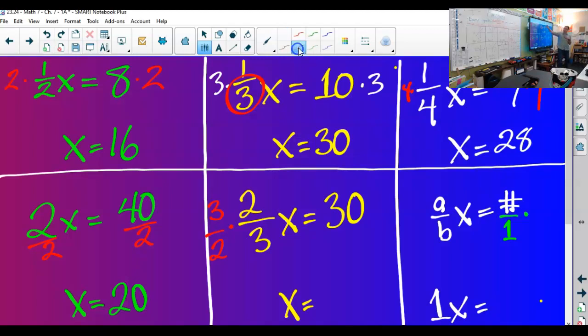We're going to put an A on bottom. What do I do to deal with the B that's on bottom right now? Put a B on top. And if I do it on one side, I got to do it on the other. And guys, any number can become a fraction if you just put it over 1.